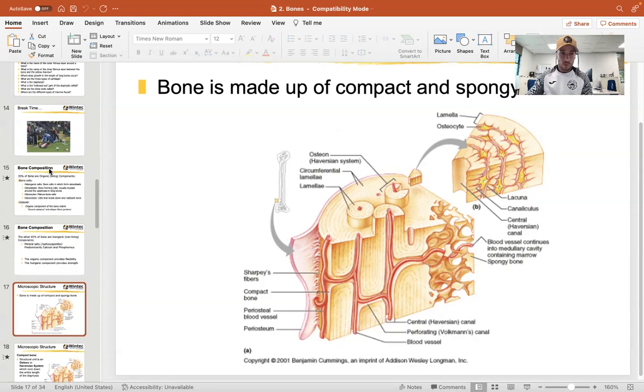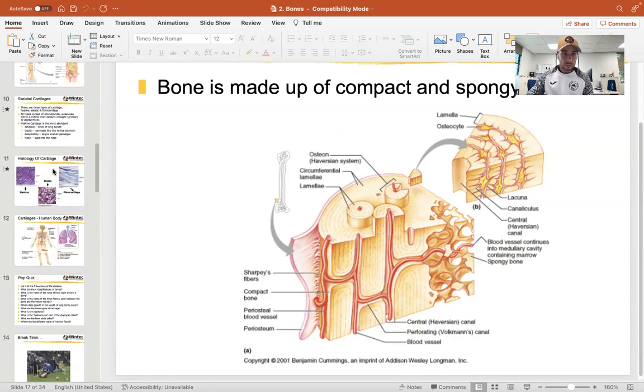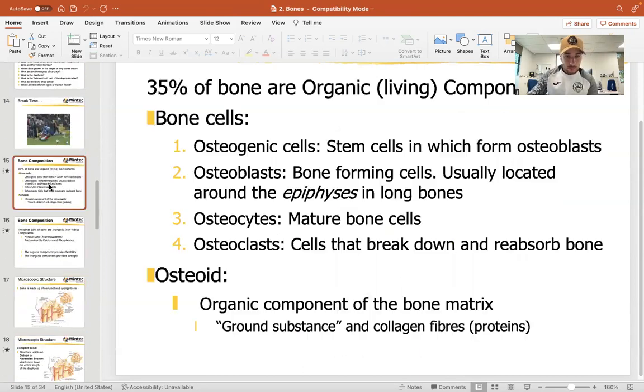Now again, if we go back up to our bones, okay, and we look here and we see osteocytes. So osteocytes are that mature bone cell. So yesterday when we talked about it, the mature bone cells are the ones that have been already formed and are already set.